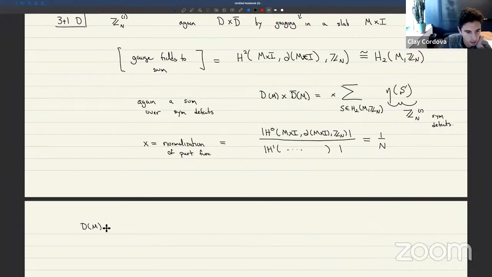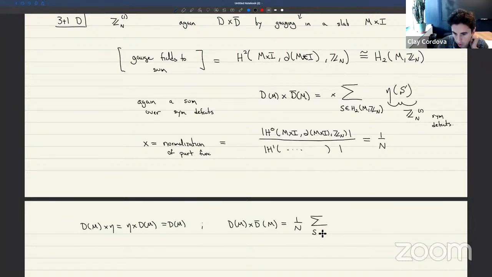So we have D times eta equals eta times D of M is D of M. And then we also have D of M times D bar of M is 1 over n sum over S in H_2 of M, Zn, eta of S. So you see here some dependence on the manifold that things are on.